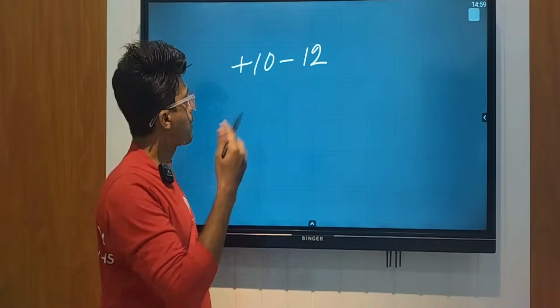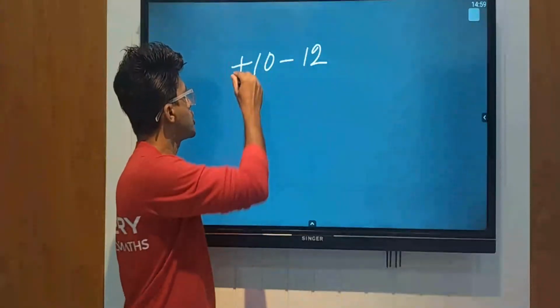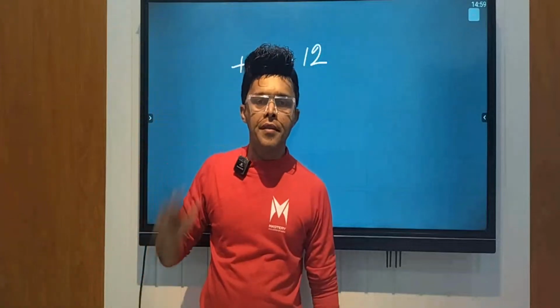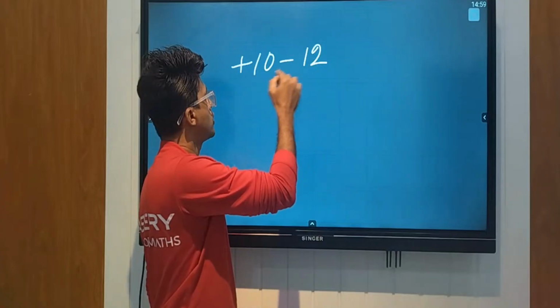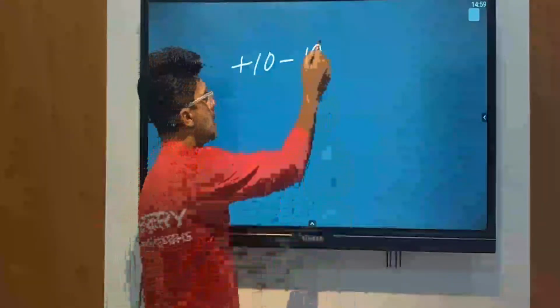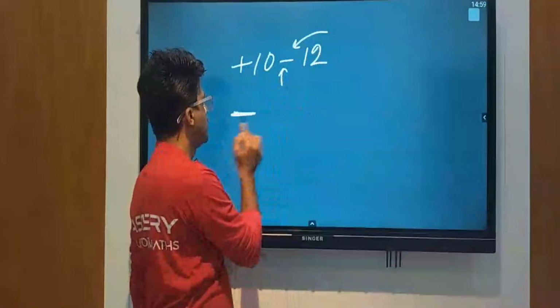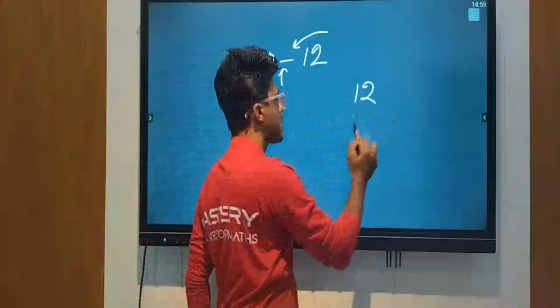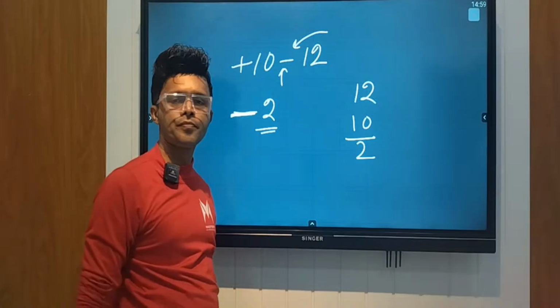So right now you need to consider the greater digit. Here, when you consider 10 and 12, the greater value is 12. The sign is the sign of the greater digit, which is minus. Now you need to subtract 10 from 12, which is 2. So the answer here is minus 2.